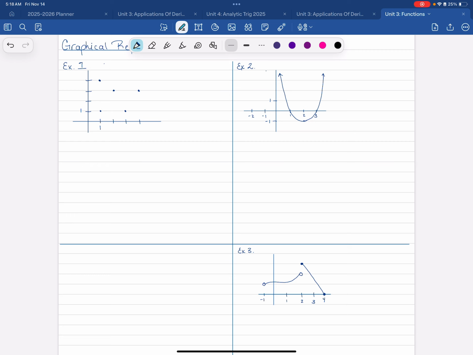So make sure that you have a point at 1, 1 and a point at 1, 4, a point at 2, 3, a point at 3, 1, and a point at 4, 3 for that first graph. We'll talk about what this next graph means, but make sure you have most of the characteristics there for that graph. And then, those open circles are really important for example 3. So again, I would pause your video, sketch these 3 graphs, and then unpause.